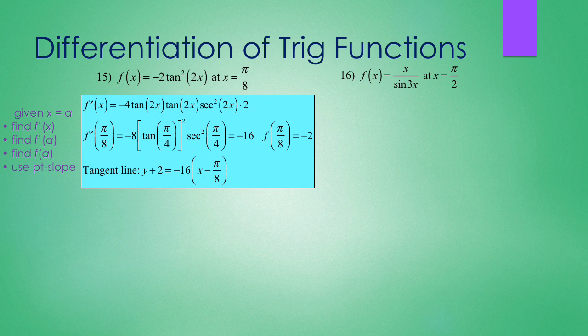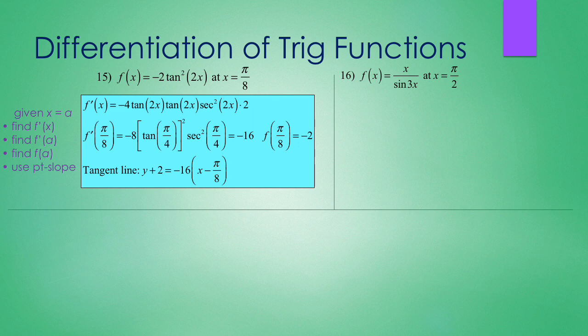Number 15 reads f of x equals negative 2 tangent squared of 2x at x equals pi over 8. In taking the derivative, I'm skipping some steps because of time consideration. But this is a power rule.